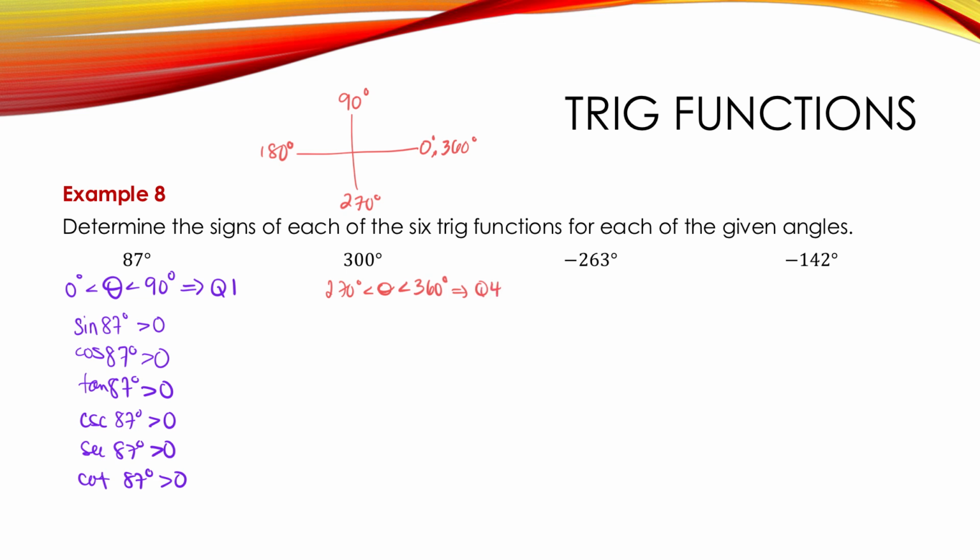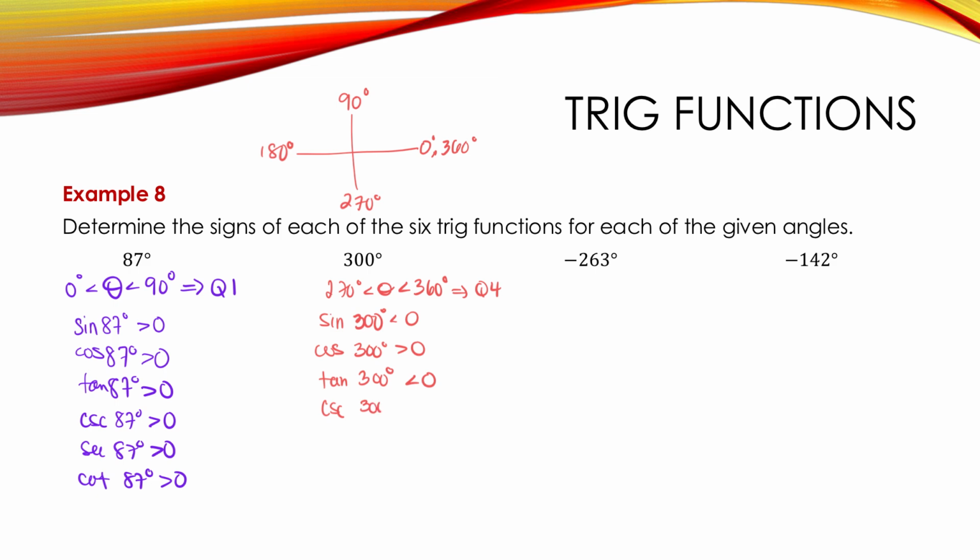Now in quadrant 4, remember only cosine and secant were positive. So in quadrant 4 then, our sine of 300 is going to be negative, but our cosine of 300 degrees will be positive. Tangent of 300 degrees is then going to be negative.